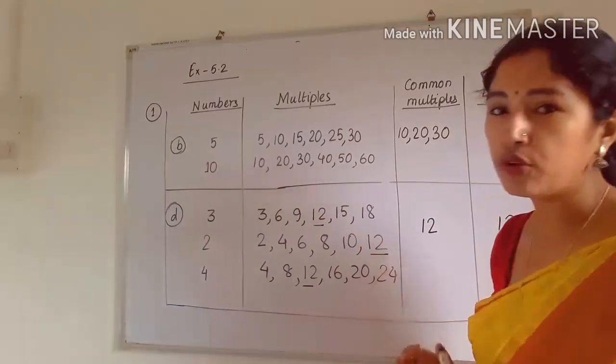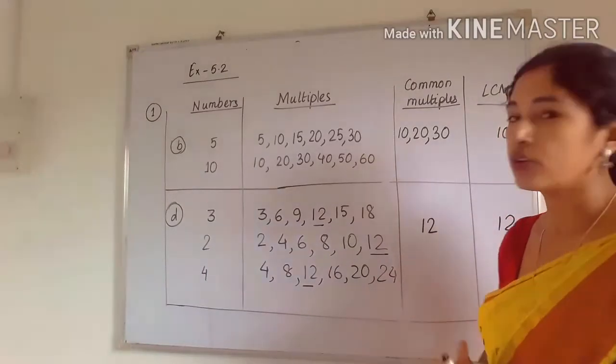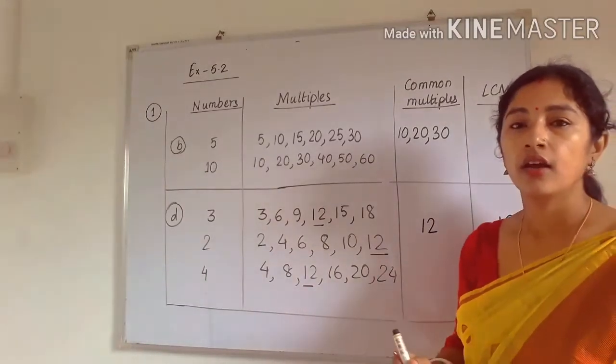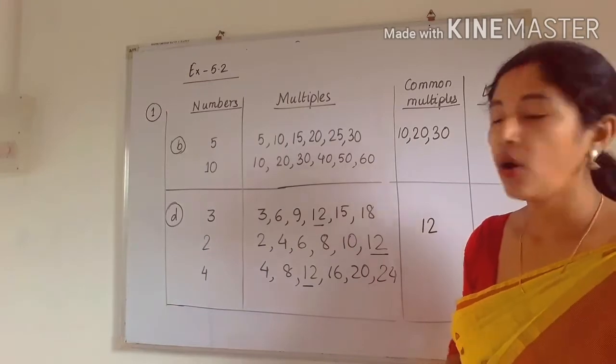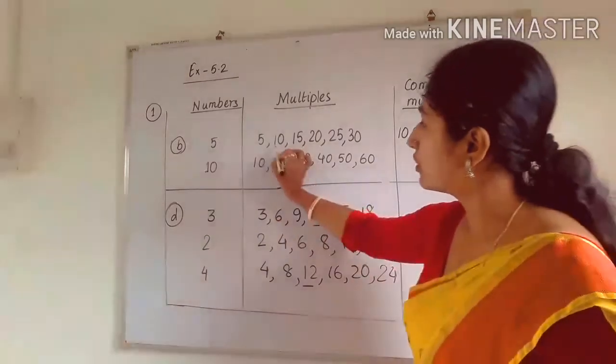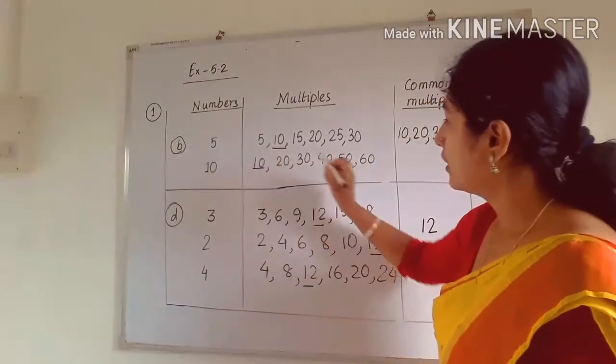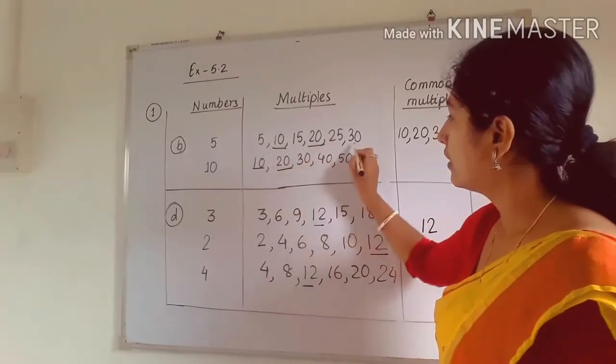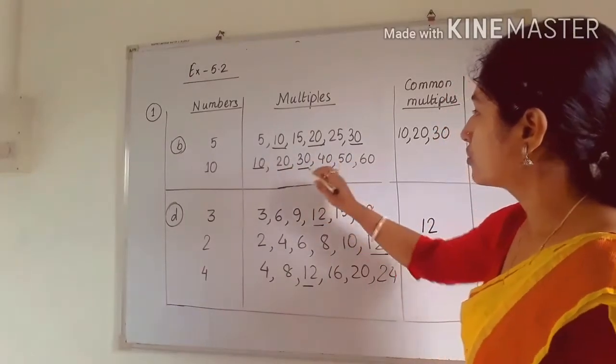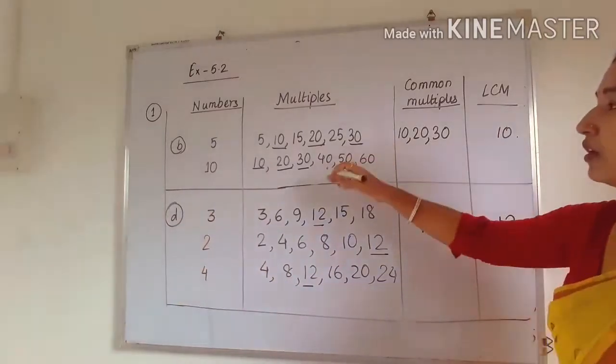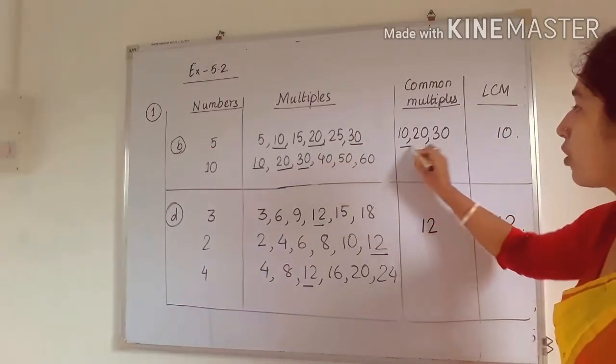So now we have to write the common multiples. It is written in the question that we have to write the 3 common multiples. See, the first will be 10, the second will be 20 and the third will be 30. This is common between both. So these are the common multiples.